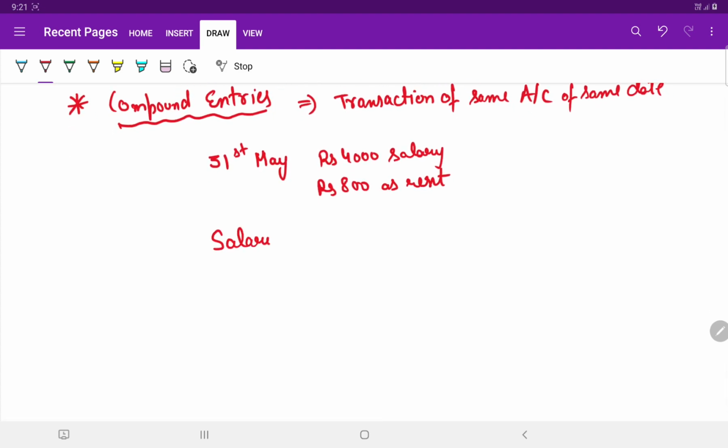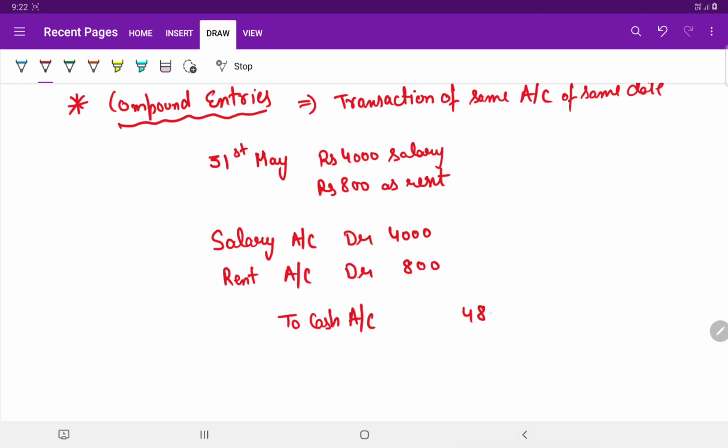The salary account is an expense, so it will be debited by rupees 4,000. The rent account is also an expense and will be debited for rupees 800. Now, this money is paid from our cash account, so to balance the entry, the cash account will be credited with rupees 4,800. No separate entry is to be given because the entries are from the same account on the same date, so a complete entry can be given.